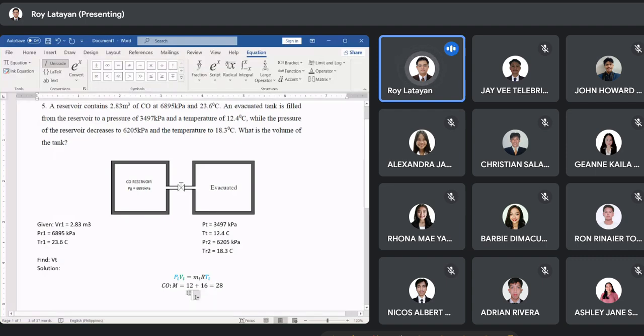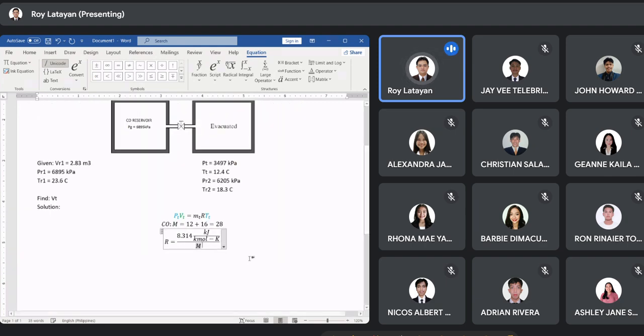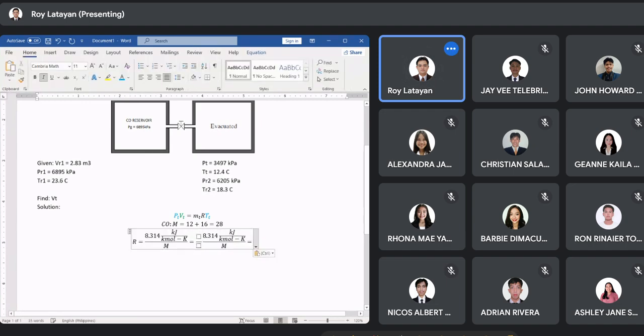So, R is equal to 8.314 kilojoule per kmol Kelvin, divided by M. Yun yung formula. So substituting, M is 28.